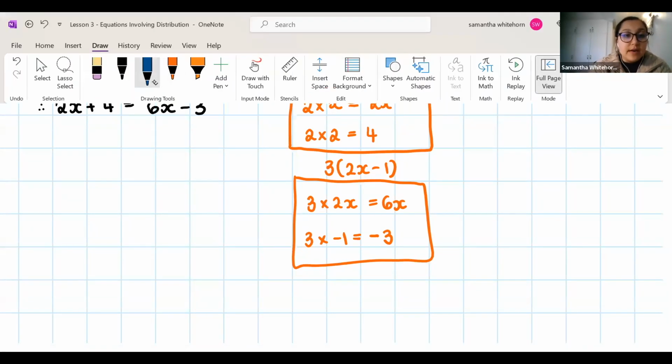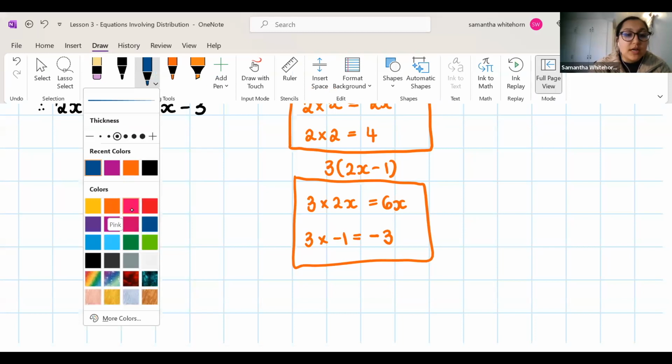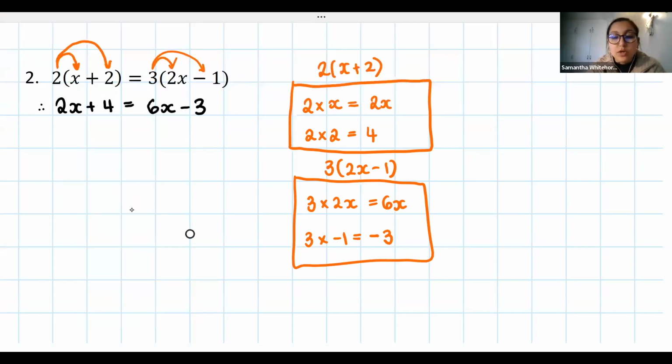Now I'm going to say it again. It does not matter which side you choose to put your x's and which side you choose to put your numbers. As long as you correctly apply your inverse operations, you will get exactly the same answer. Like I say, I always put my x's on the left because I like my answer to say x equals, and we read our answer from left to right.